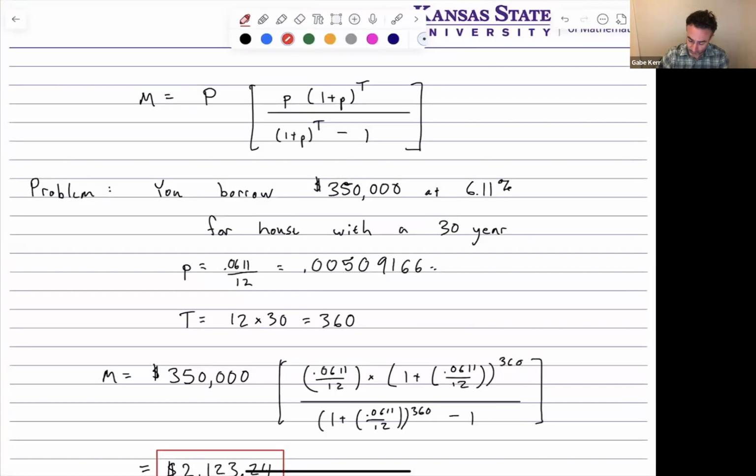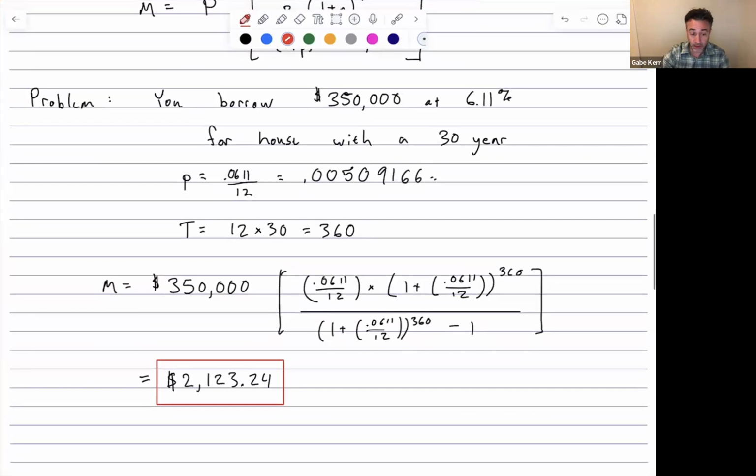Now, again, I really want to emphasize, because people go into home ownership not knowing necessarily, that is just the amount you pay to pay back the mortgage, and it's not how much you will be paying the bank.